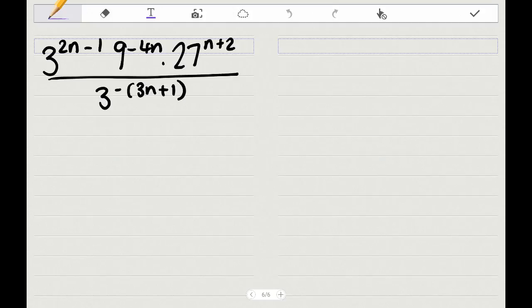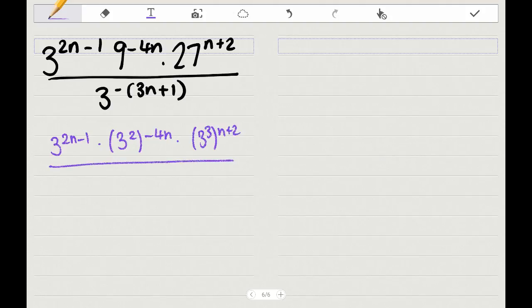Okay. The last one, and then we're done with these practice examples. So 2 to the 2n minus 1 times 3 squared minus 4n times 3 cubed to the n plus 2, all over, we have to distribute that minus, so it's 3 to the minus 3n minus 1.